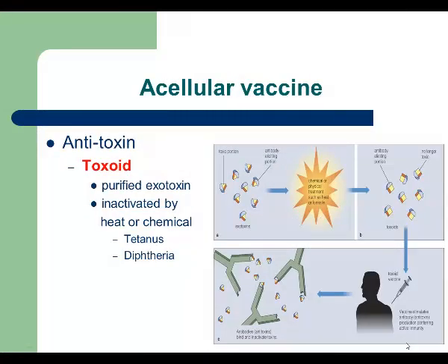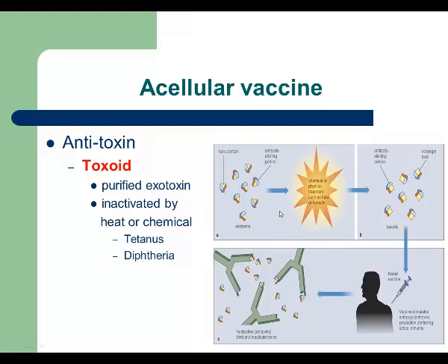Speaking about acellular vaccines or toxoids, we also call it antitoxin. So once again, let's repeat it. Toxoid, it's a type of vaccine, we call it acellular vaccine, which is made of exotoxin. Why? Because exotoxins are made of proteins, which means very strong antigens for the immune system.